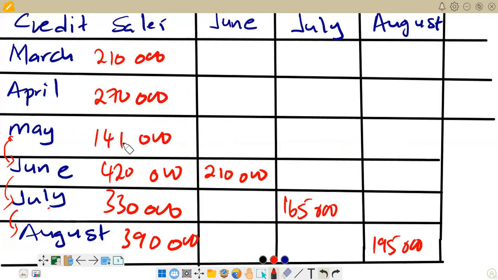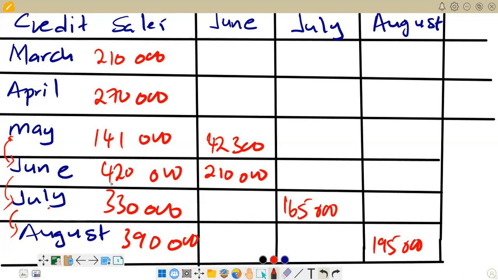We are saying 30% of 145,000 will be received in June. So we come here in June, and we write 42,300. So this is what we have, and then we go to the next one. 30% of June will be received in July.